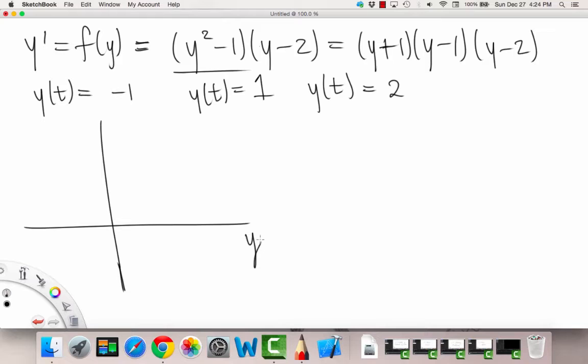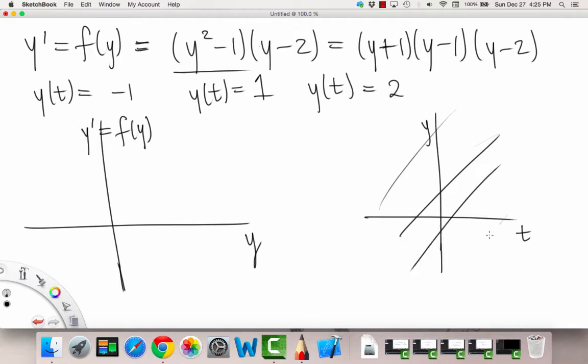The first one is y prime, which is equal to our f of y, versus y. And then another graph will be our y versus t. That'll be later on though. We'll do the second one later.